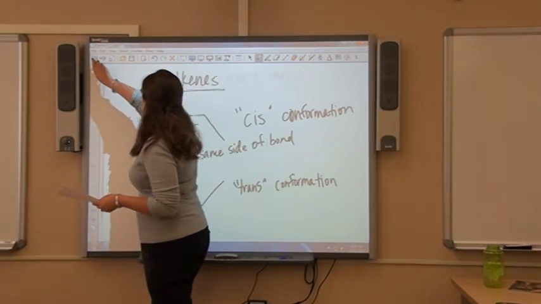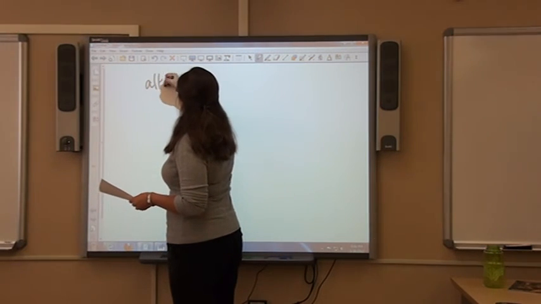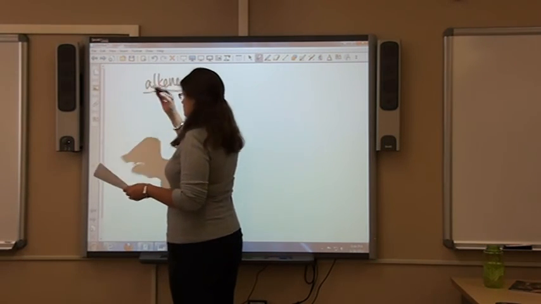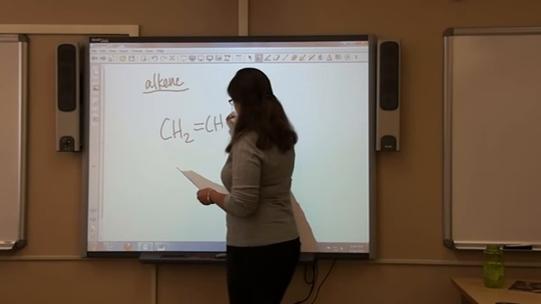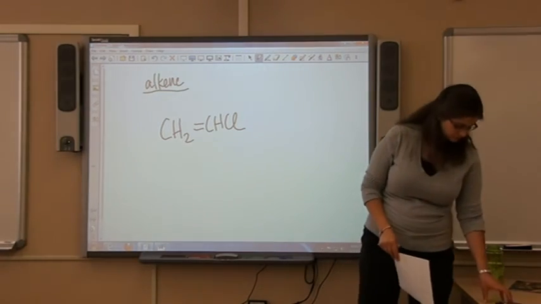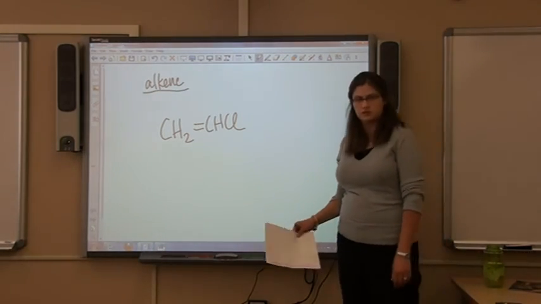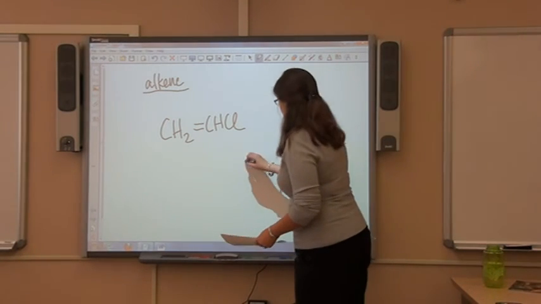Another interesting alkene, that's just interesting, is this compound here. This is a precursor to what is known as PVC.